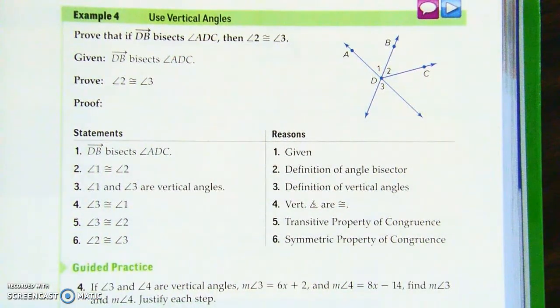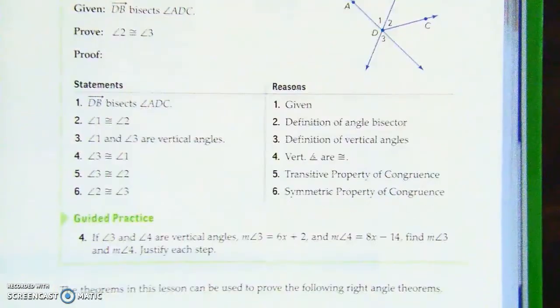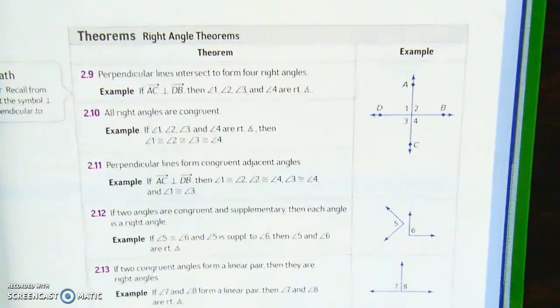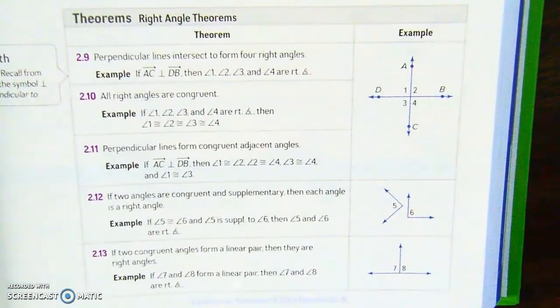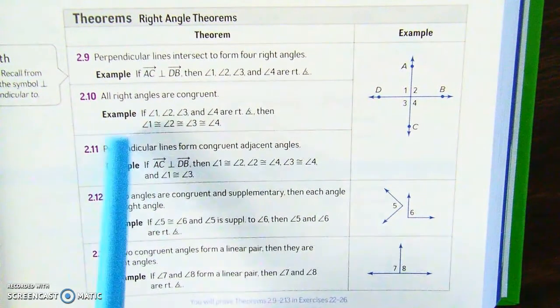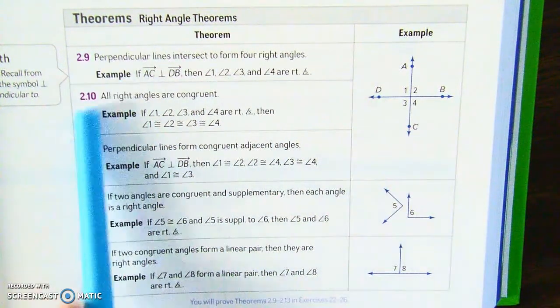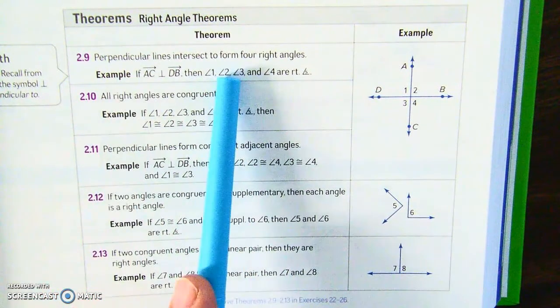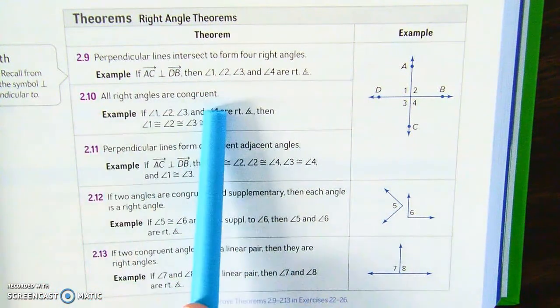Okay? All right. Now, a couple more rules that we need to apply. They're called theorems. Okay? So we have these ones. Theorems 2.9, 2.10, 11, 12, and 13, where we're dealing with perpendicular lines. All right angles are congruent.